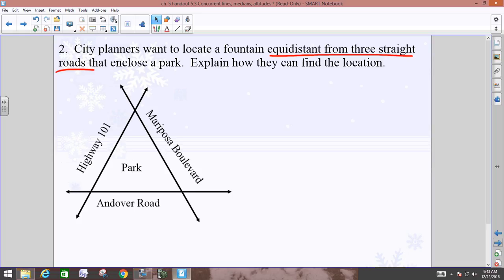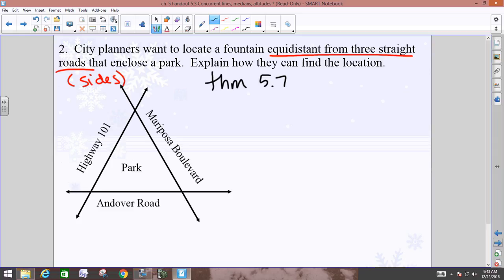Flip your paper over and read through Theorem 5.6 and 5.7. Find the one that talks about a point being equidistant to the sides. 5.7. Okay, so Theorem 5.7 says such and such are equidistant from the sides.